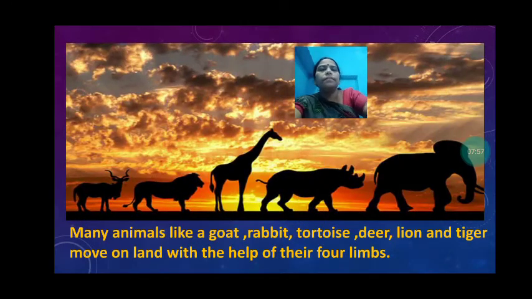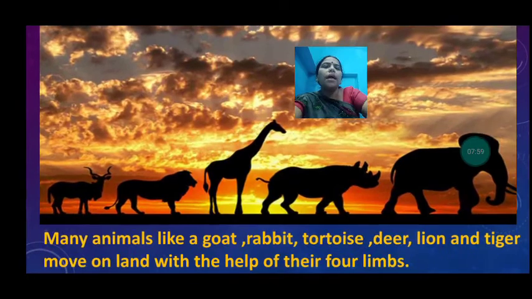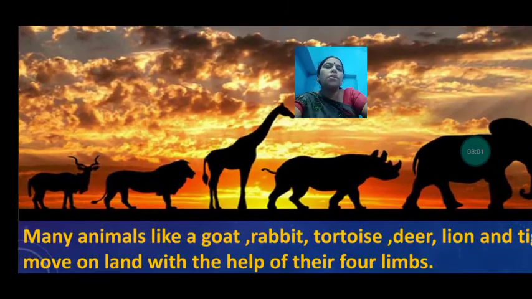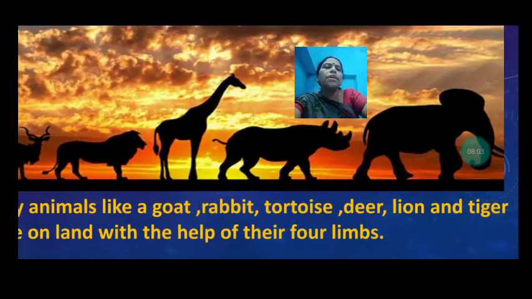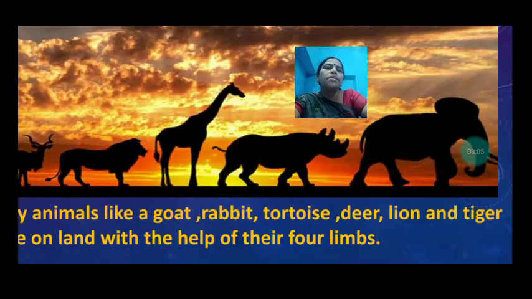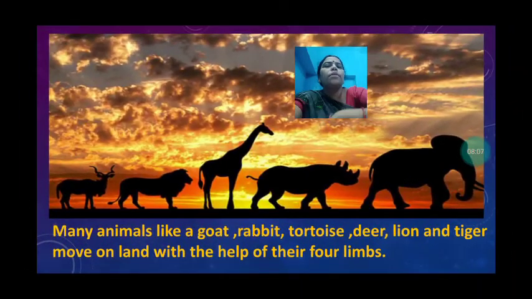Now see here, many animals like a goat, rabbit, tortoise, deer, lion, tiger move on land with the help of their four limbs. All the animals which are shown over here use their four limbs to move on land.